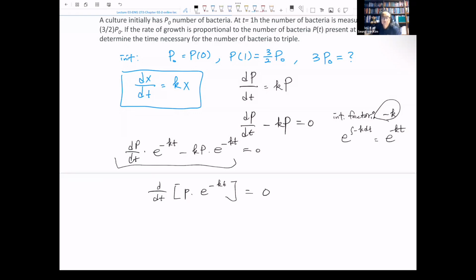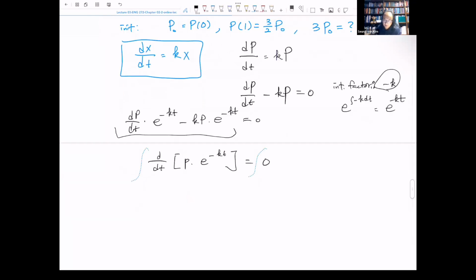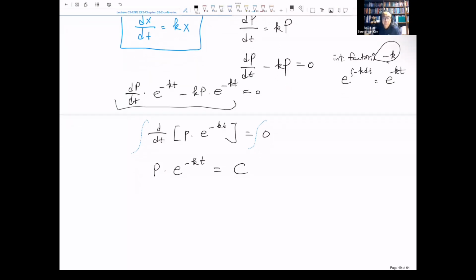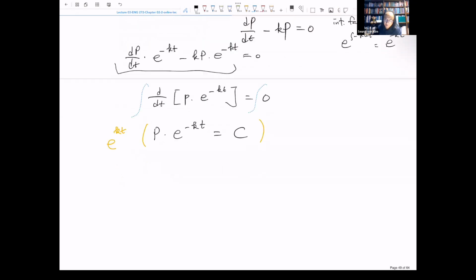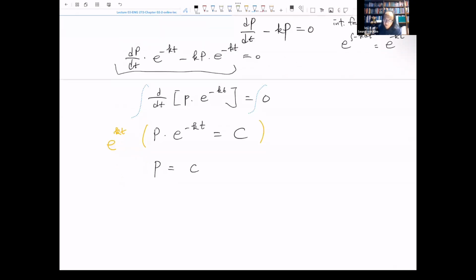We're good. Now we're going to take the integral of both sides. Then the left-hand side is just P times e to the negative kt, and the right-hand side is C. And we're going to multiply by e to the positive kt, then we have P equals C e to the kt.